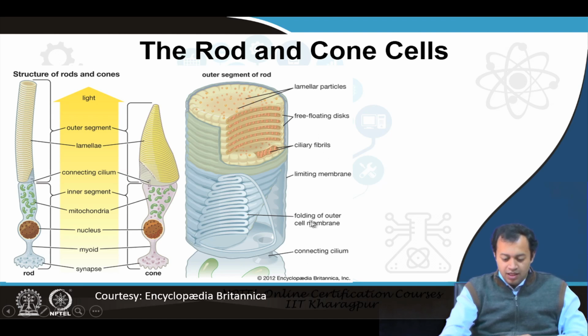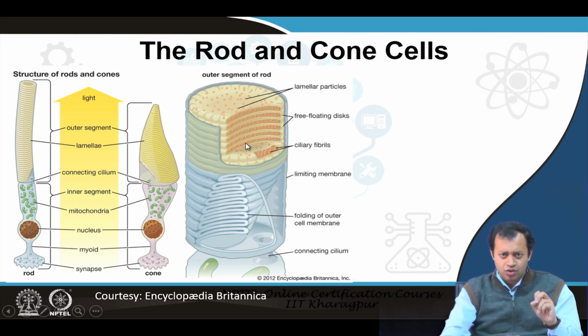Life science students will be telling me how I have mispronounced or how this is important, but look at how beautiful these two cells are, and these are the ones allowing you to see the world, see my video. So these are the rod cells and cone cells, and let's understand a bit more about the science of vision.